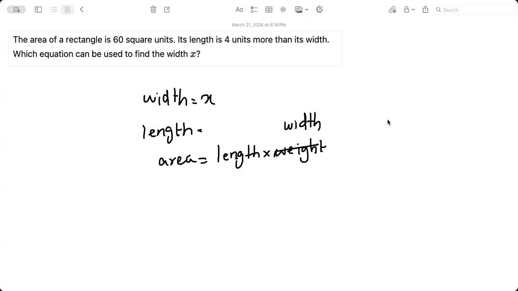How can you find the width? Will you be able to find the width now? Are you able to do it?